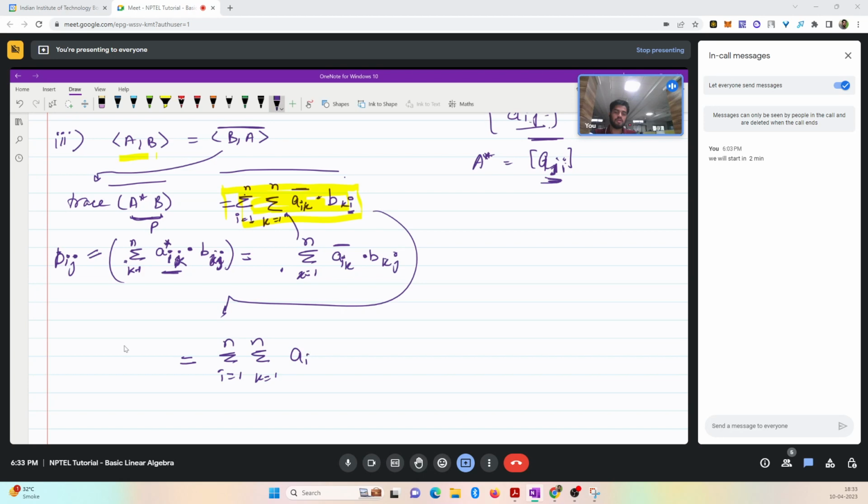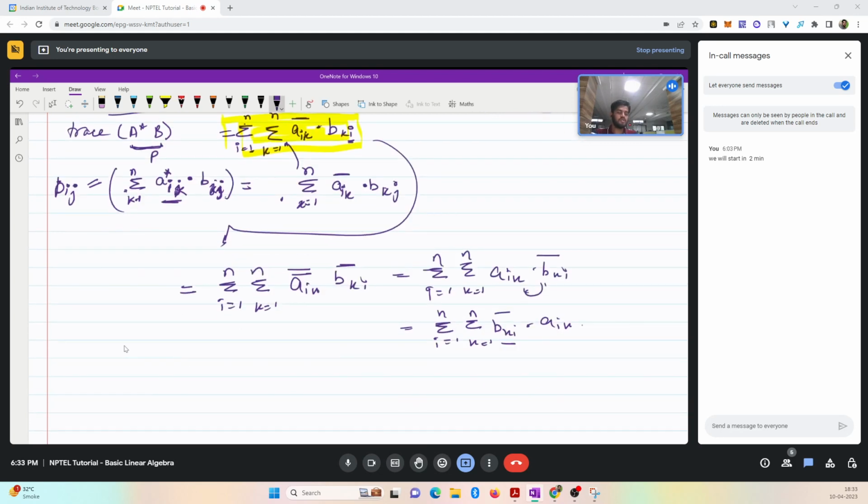And this would become Aik conjugate conjugate into Bki conjugate, which is nothing but the sum over i is equal to 1 to n, k is equal to 1 to n, of Aik into Bki conjugate. Now again this thing is commutative as in the previous case, so we can take this to be Bki conjugate into Aik, right?